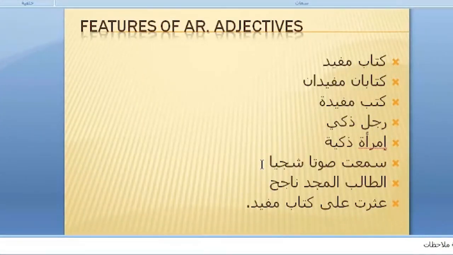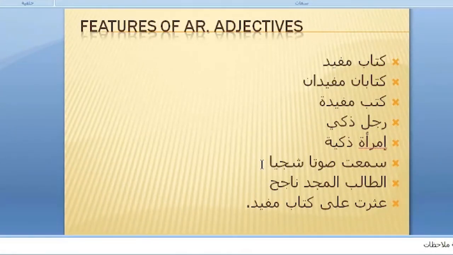So it is also considered in the objective case. Why? Because it modifies an object. Both the adjective melodious and voice are put within one unit, which is a noun phrase. And this noun phrase plays the role of the object in the English sentence.